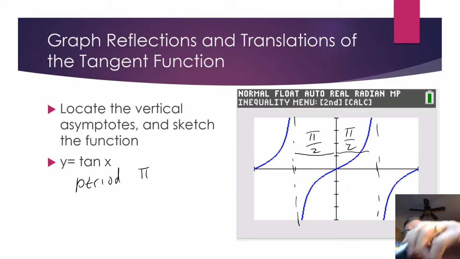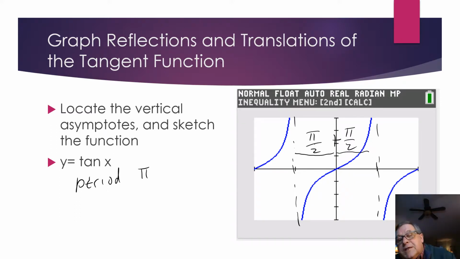Well, pi over 2 plus pi over 2 is 2 pi over 2, or the period is just pi. And that's what we see here in this graph of y equals the tangent of just x or theta or whatever. All right, so there's our period, and of course our range is going from negative infinity to infinity.